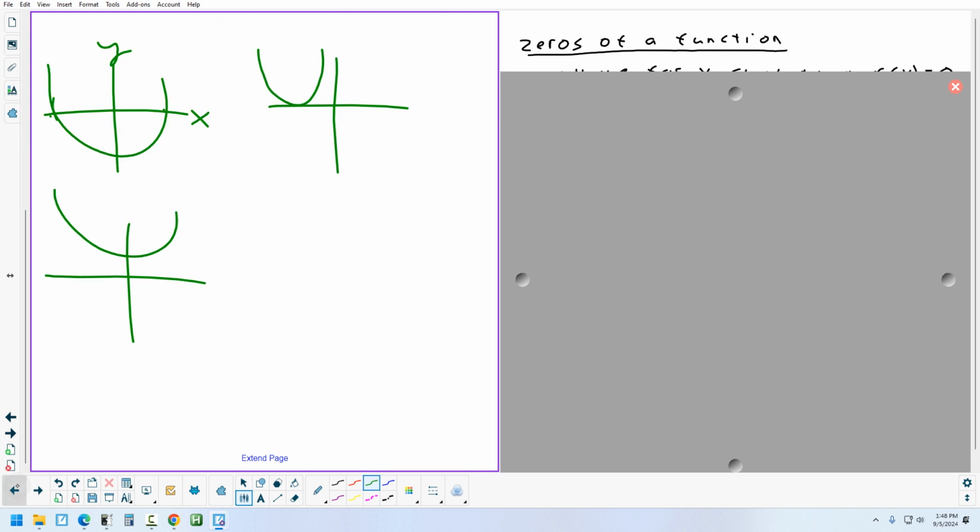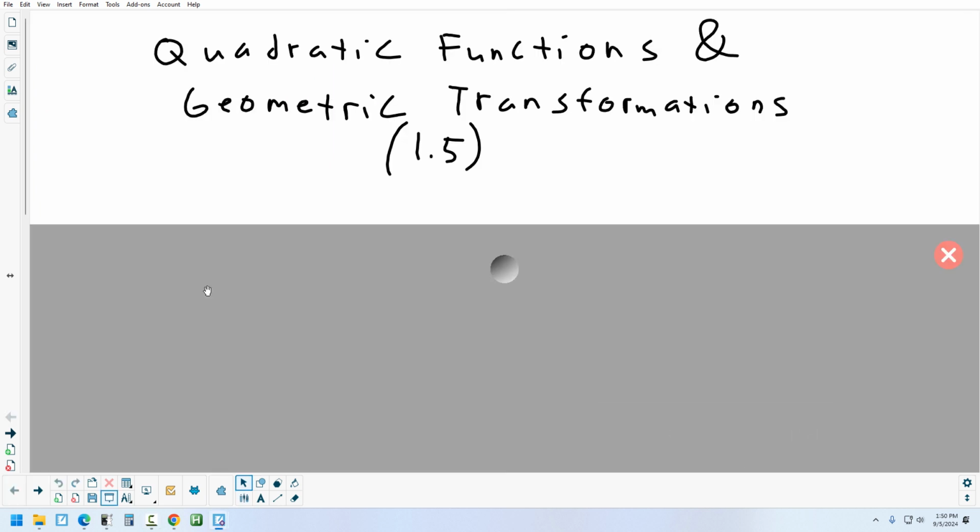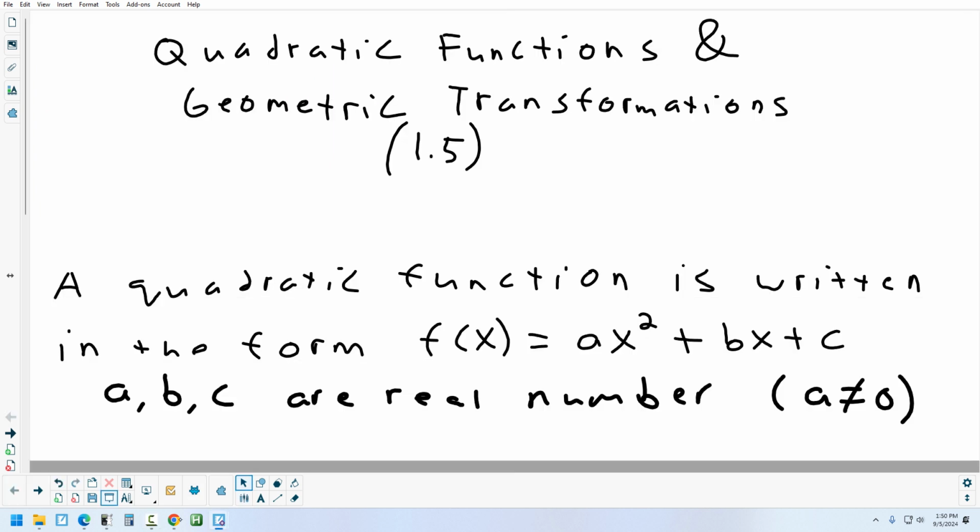So, if you have an equation, remember what a quadratic equation looks like. Let me try to go back. All right, so we wrote it as ax squared plus bx plus c. What I want you to remember is where the a, the b, and the c are.